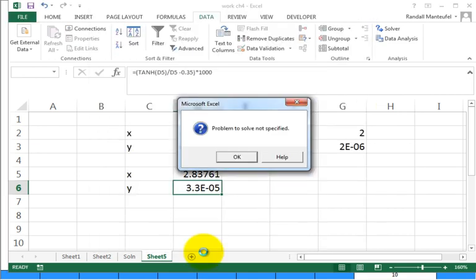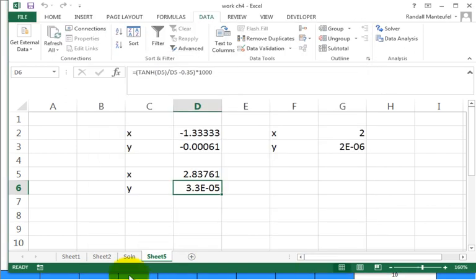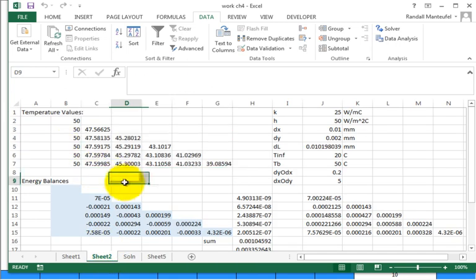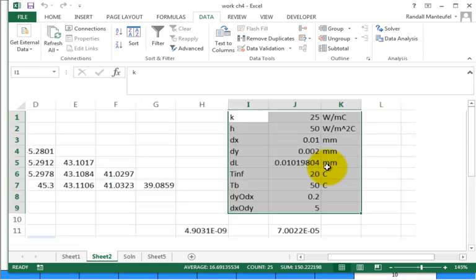So in the interest of time, let me say cancel that, close. I can come over here and show you how I set it up in Excel. Otherwise, I try to build these from scratch. But over here, I put in a bunch of inputs. So let me see if I can blow that up.